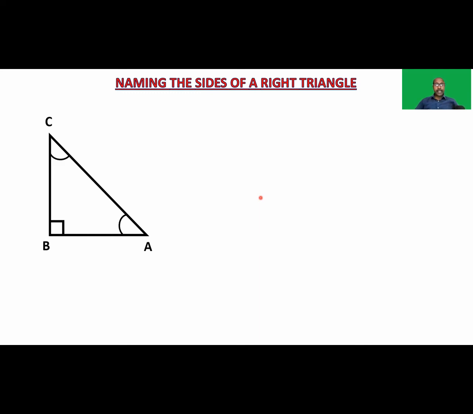Consider a triangle ABC in which B is a right angle. We can see that AC is the longest side, so the name of AC is hypotenuse.